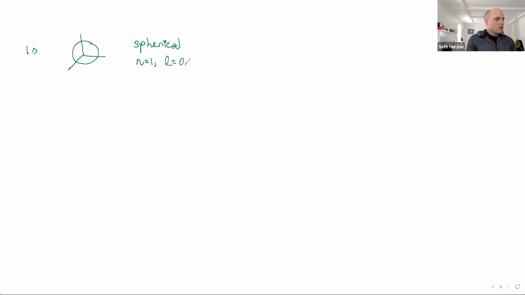The 2s orbital is where things start to get a little bit esoteric, and there are nice colored images of this in your text. The 2s orbital is still a sphere, but you have what we call a node.